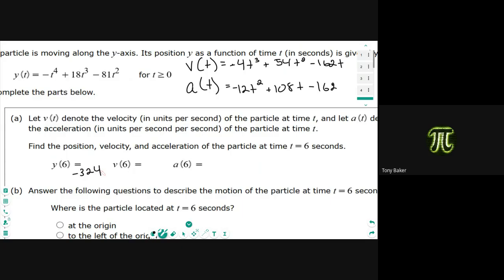Sound about right? All right, what's the velocity? I didn't do it, so I'm going to go off what you guys got. And acceleration. Was it 54? Those sound right? The confirmation from at least one of them. Good. Okay.